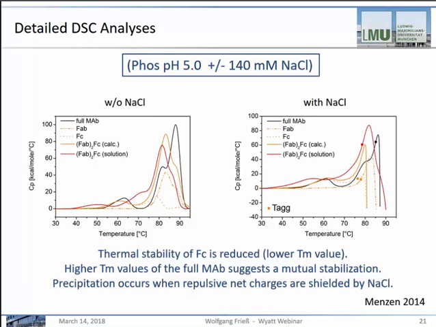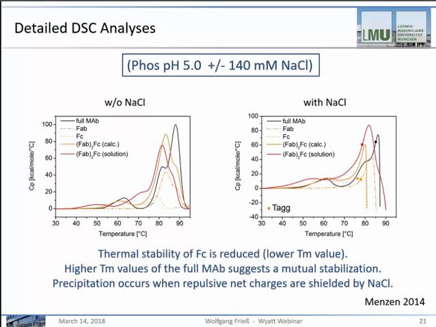Now in the left chart, you see that the Fc part already starts to unfold much earlier. You can also see that the Fab part has hardly changed in its transition temperature compared to the higher pH that we saw before.